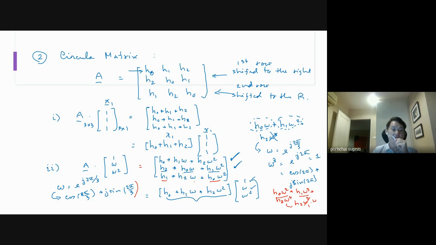So for part 2 here, it means that if I multiply A with this eigenvector number 2, I can express the result as lambda 2 multiplied with eigenvector number 2. And similarly, I'm not going to prove more.